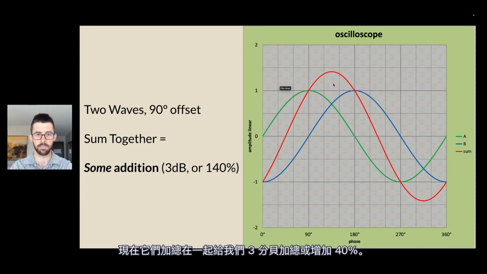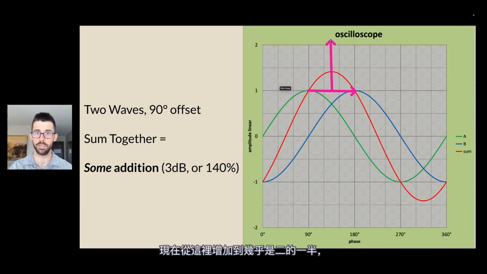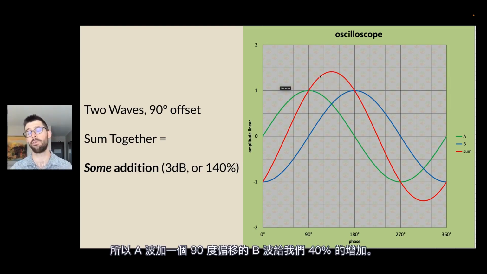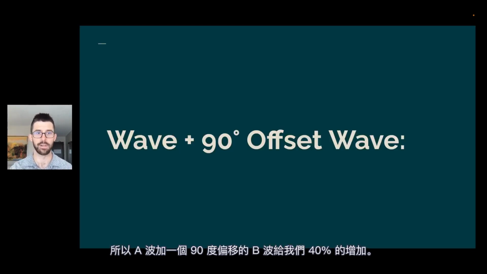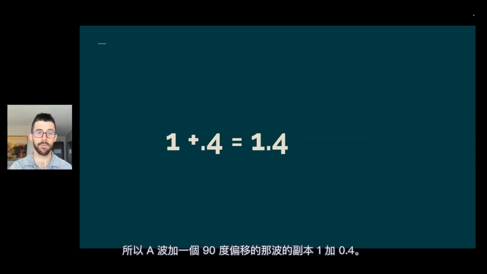And now they sum together to give us a 3 dB addition, or a 40% increase. If we look at these waves, they were both at 1, and now increasing from here, it's almost halfway to the 2, so that's a 40% increase. So A plus B with the 90 degree offset between those two waves gives us a 40% increase. So a wave plus a 90 degree offset copy of that wave, 1 plus 0.4 equals 1.4.